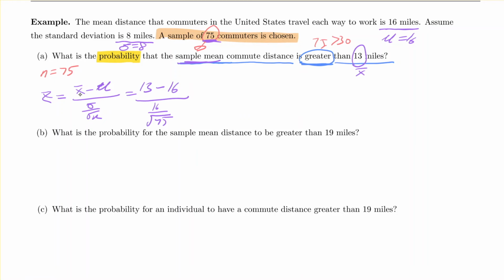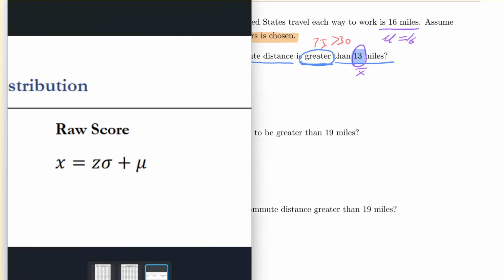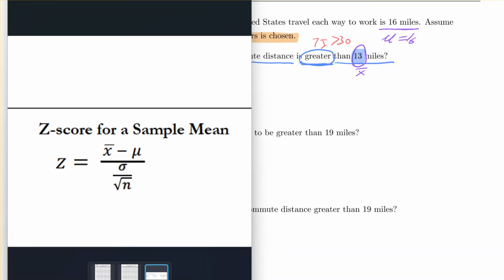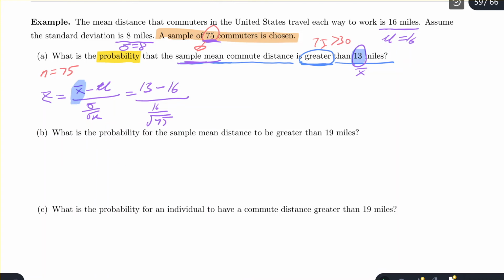In this formula, x bar is the value we want to find greater or less than. And this mu is the population mean that is given in the problem, as this right here.